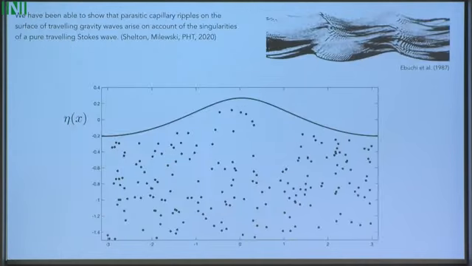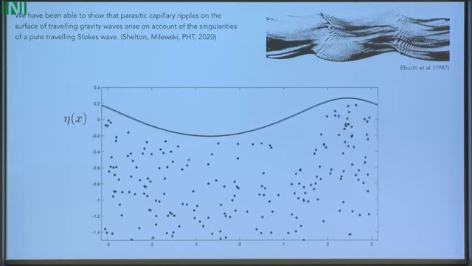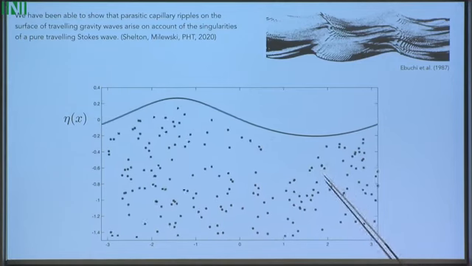So here's another application that I won't talk too much about. This is, if you look at traveling waterways, so this is what is sometimes known as Stokes waves, and you put a bit of surface tension into this problem, it's well known that you form these parasitic capillary ripples. Okay? And what you can do is you can then take the zero surface tension limit of the problem.